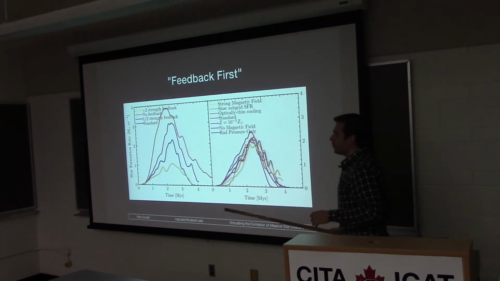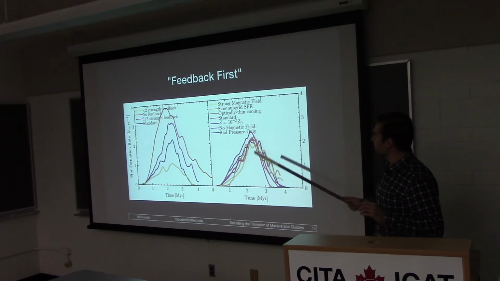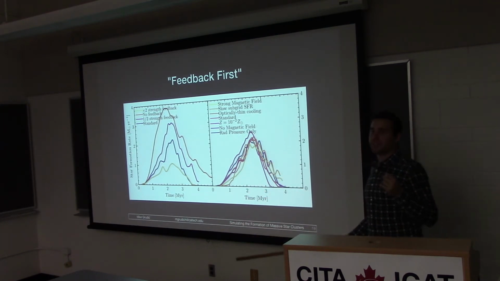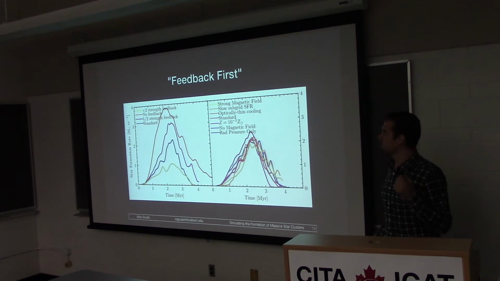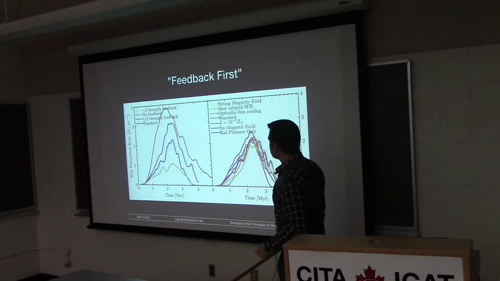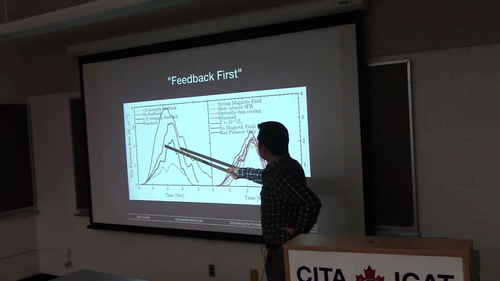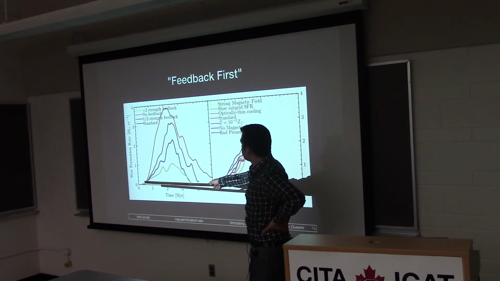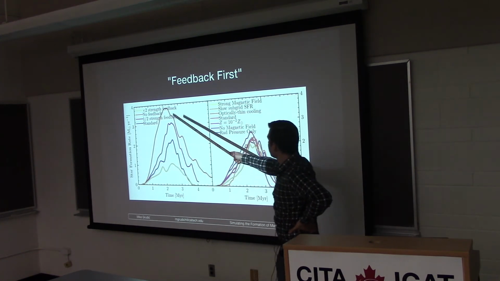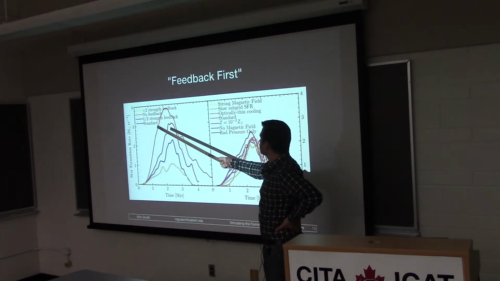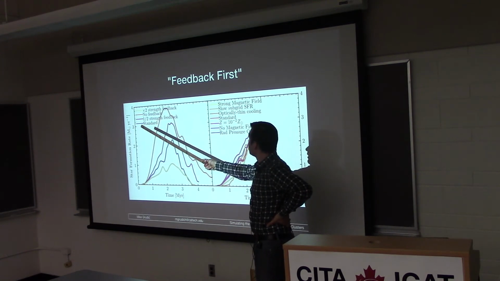So essentially, we had those results for the star formation efficiency, and we want to isolate which physics are actually responsible for that. On the left, I'm plotting the star formation history, so the star formation rate as a function of time, in runs where I've varied the strength of stellar feedback overall.